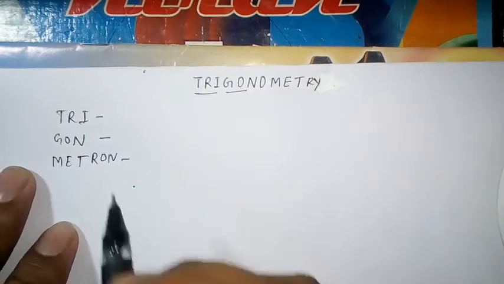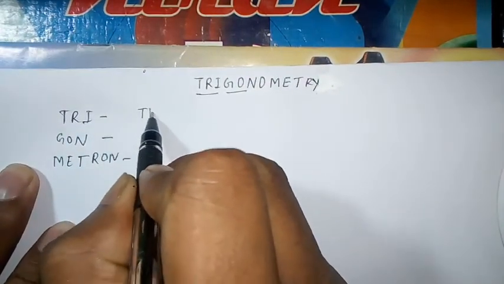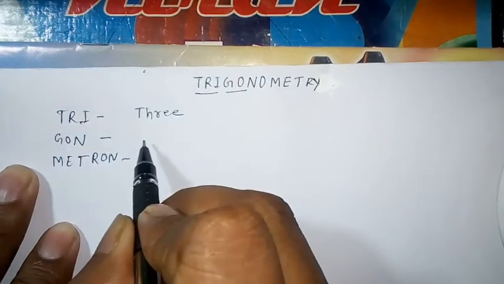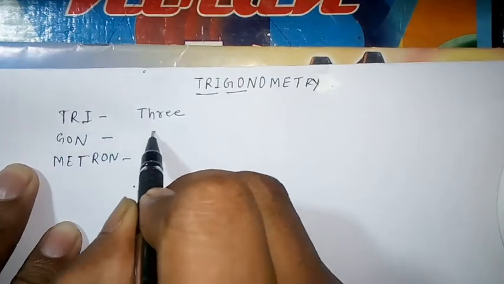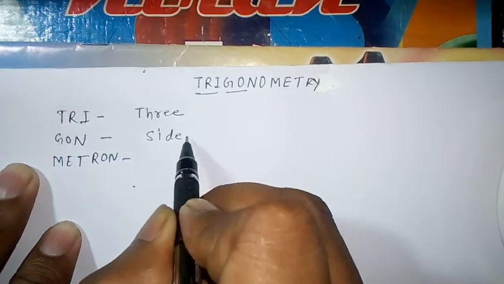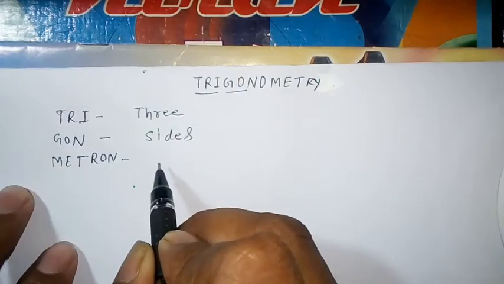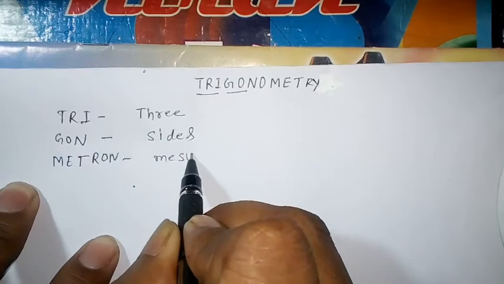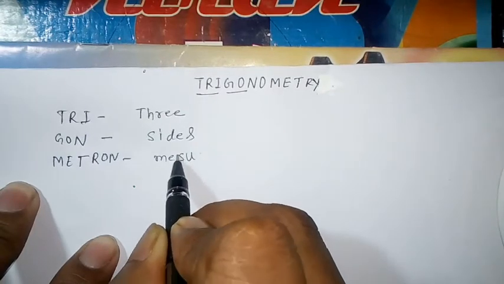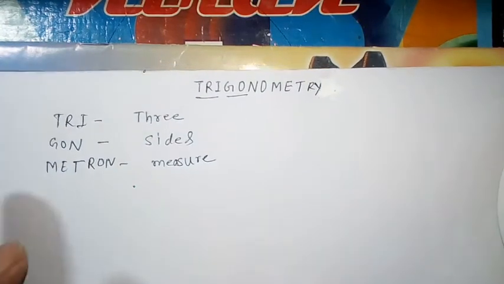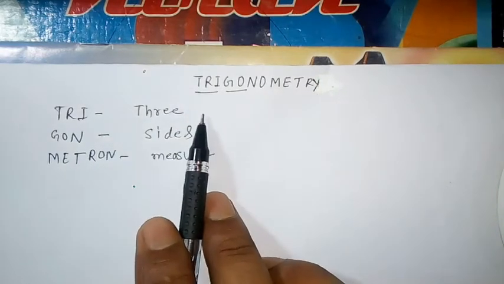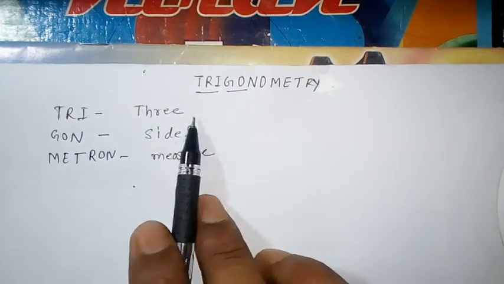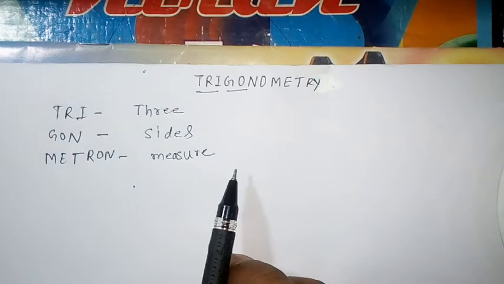These three words: tri means three, gon means sides, and metron means measure. Three sides measure.